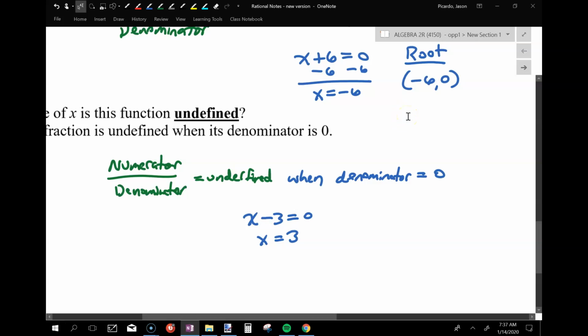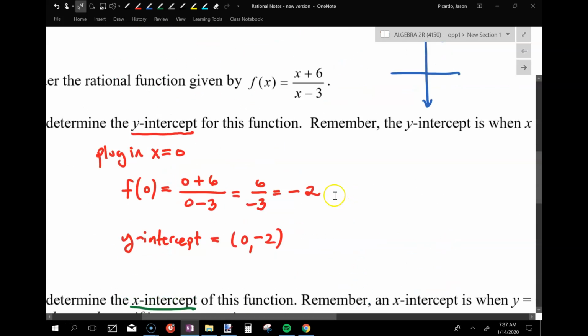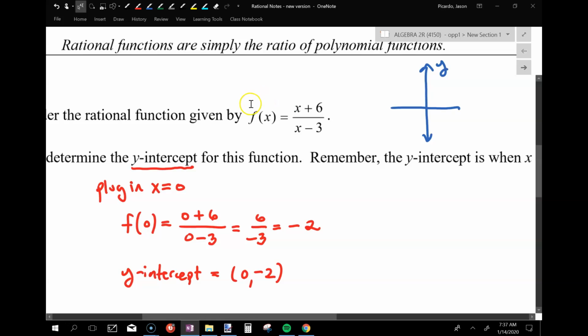We all agree with that? So what does undefined mean? It can never, ever, ever, ever equal that value. Agreed? Right?